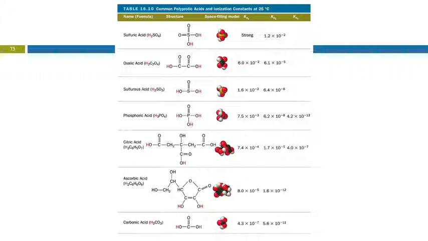Why isn't the Ka1 for phosphoric acid the same as Ka2 for sulfuric acid? Didn't you say that's what would happen? Well, that's a good question. Why aren't these the same?